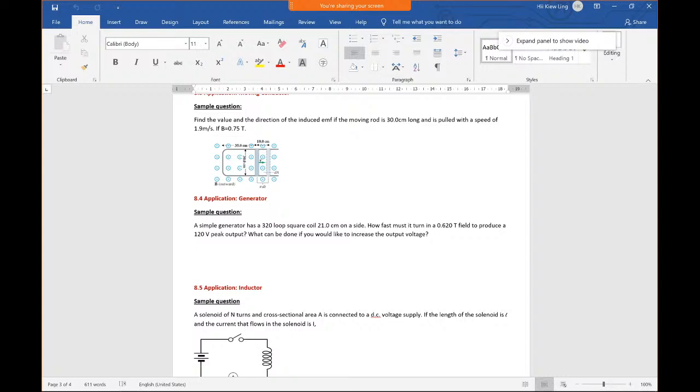Can you do the same steps in order to look for the direction?